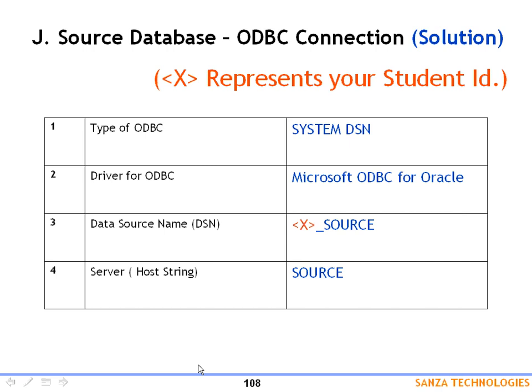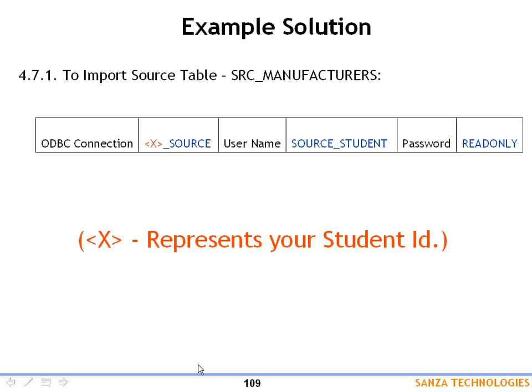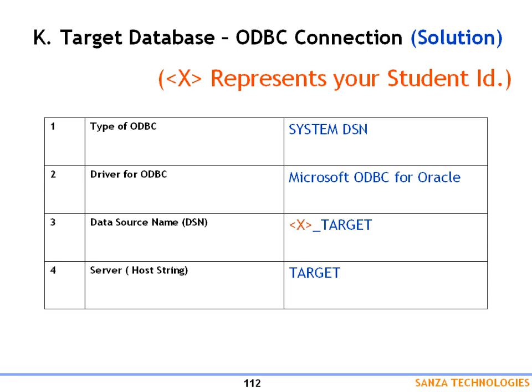So open your sheet. Please write this down. First, the ODBC connection for 4.7.1, write this down, then let me know. Then please create the connection for the target also, the target ODBC connection. And using that ODBC connection, you connect to the target database to import the table structure.